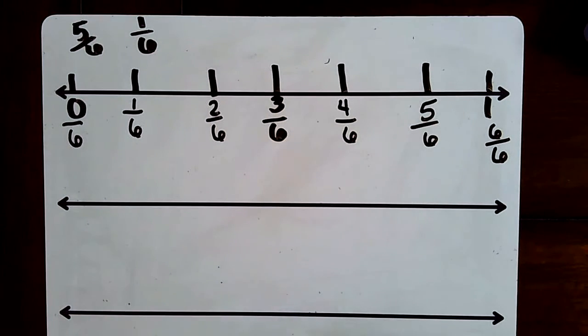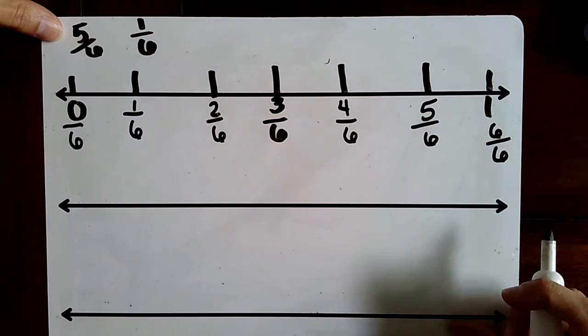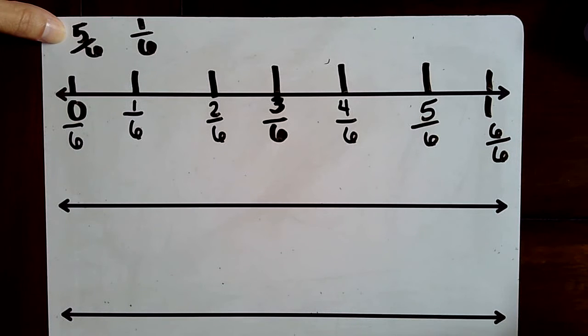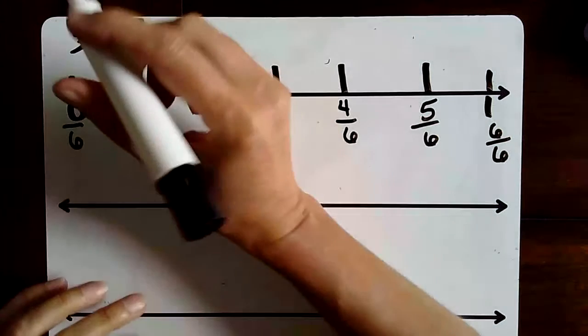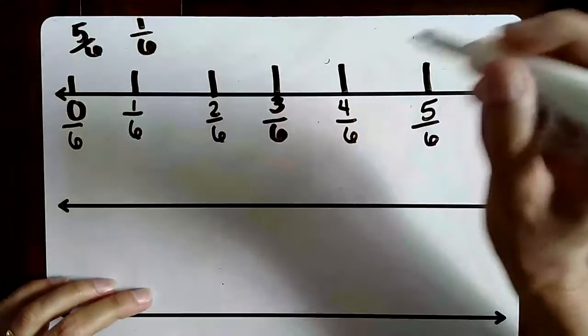Okay, my story problem for this one says, Maddie from Miss Hamilton's class was jogging and she jogged 5/6 of the trail. The whole trail is in 6 sections. So she jogged 5/6 of the trail.